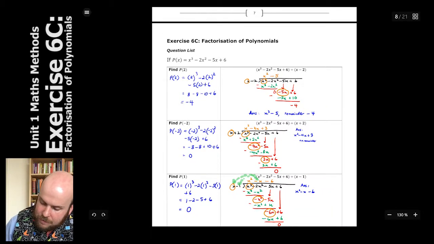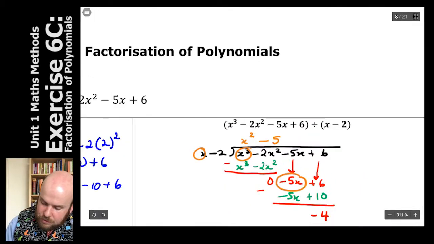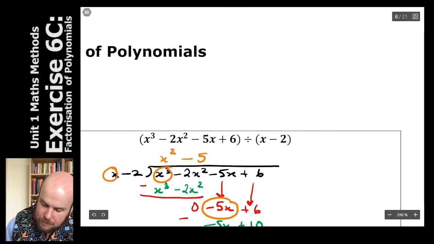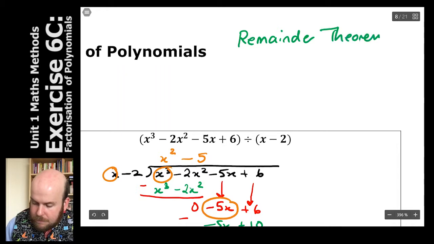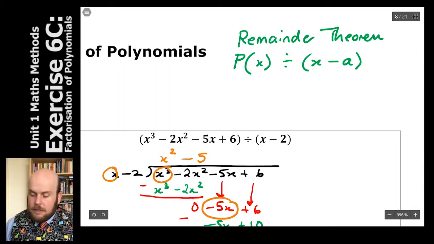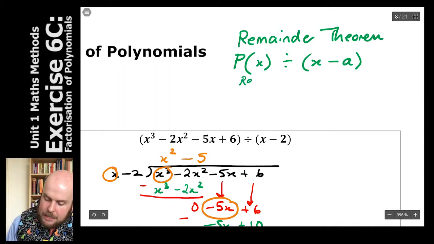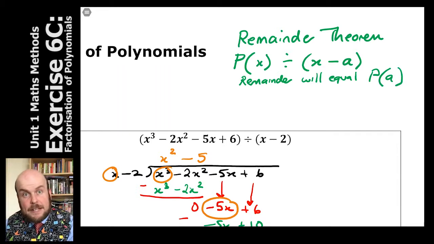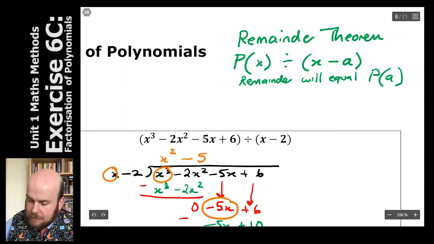So the remainder theorem, which we might just jot up here for our benefit, says that if I've got some polynomial, and I divide it by some factor of x minus a, for example, where a is some number, the remainder will equal the same thing as if I substituted all the x's with the letter a, or whatever value a happens to be.